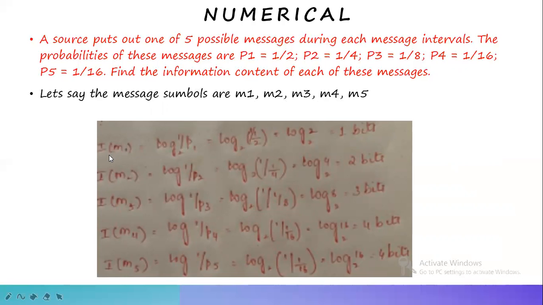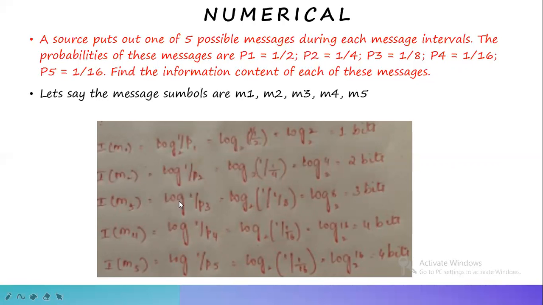First, the information content of M1: the probability of M1 is 1 by 2. Substituting 1 by 2 in place of P1, log of 1 by 1 by 2 to the base 2, taking 2 to the numerator, we get log 2 to the base 2, which is 1 bit. Second, I of M2 equal to log of 1 by P2 to the base 2. P2 is 1 by 4. So log 4 to the base 2 equals 2 bits.